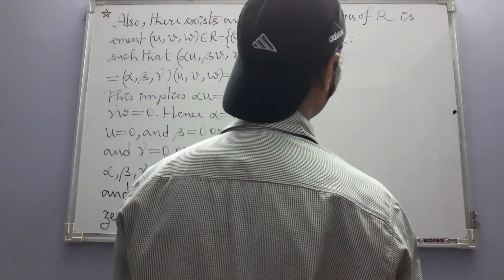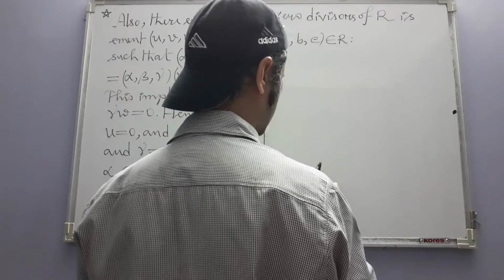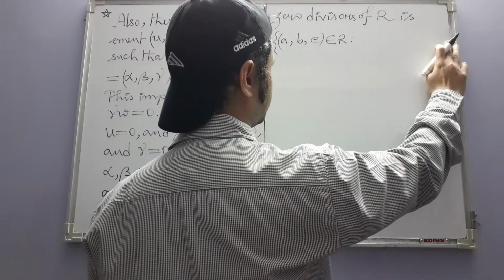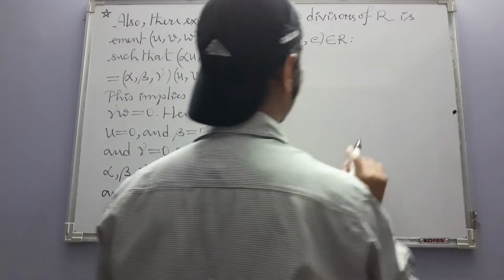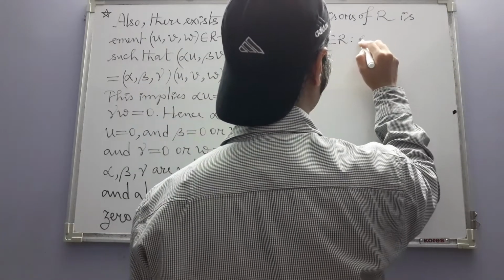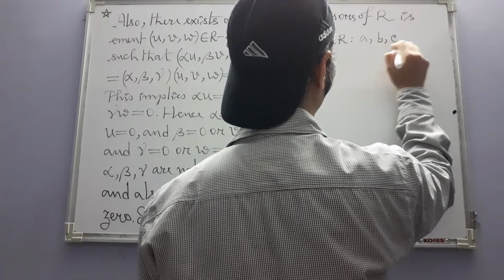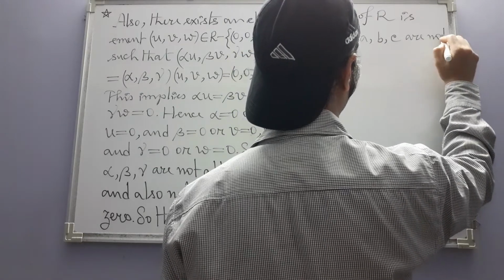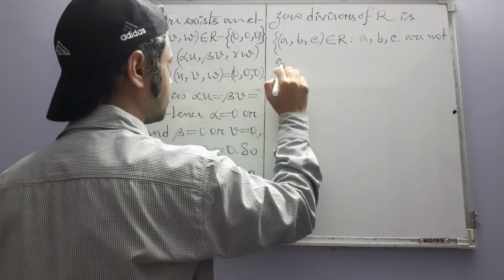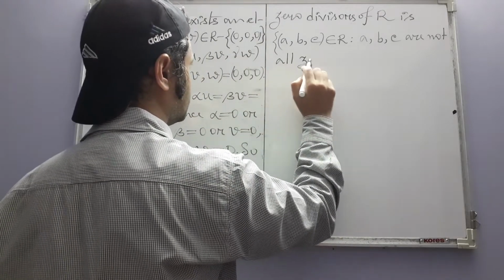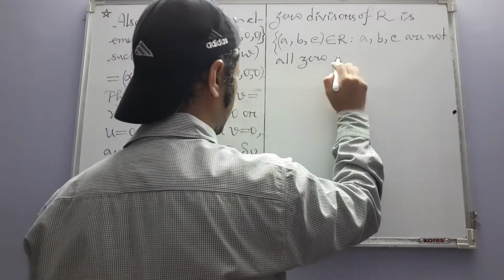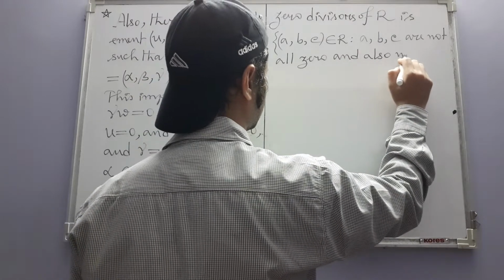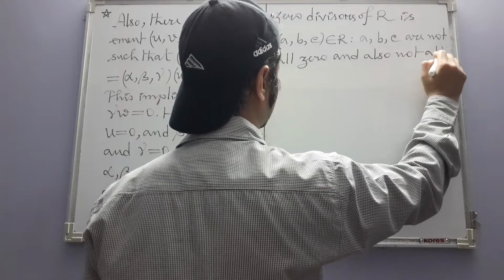Such that, no matter how hard I try, I won't be able to write it in one line. Okay, anyway, such that A, B, C are not all 0 and also not all non-zero.